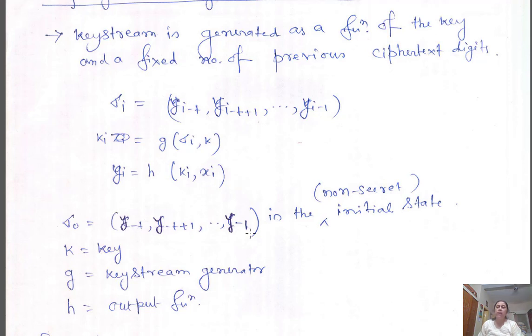This is your initial state, which is non-secret, and your key is given as k, the key stream generator is g, and h is the output function. This output function should satisfy the property that when we fix ki, it is invertible. That means given ki, there exists a function h inverse, such that h inverse of ki comma yi gives you xi.